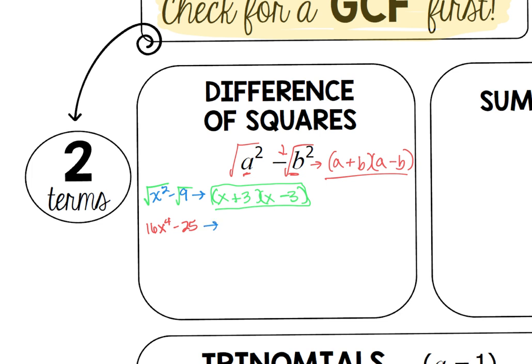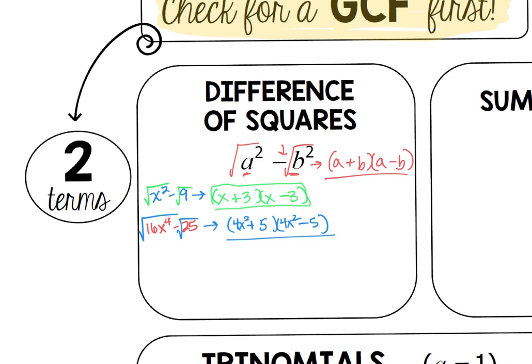Factoring this, always start off by making two sets of parentheses. One gets a plus, one gets a minus. The square root of my first term, the whole square root, is 4x squared, and that goes first in each set. The square root of 25 is 5, so it goes second. So this factored out is 4x squared plus 5 times 4x squared minus 5.